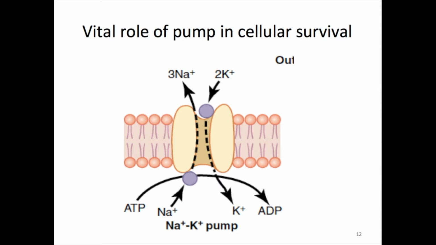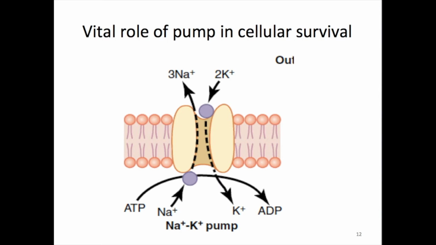So this negativity attracts a large number of potassium, sodium and other positive ions. Now all these molecules and ions cause the osmosis of water to the interior of the cell.